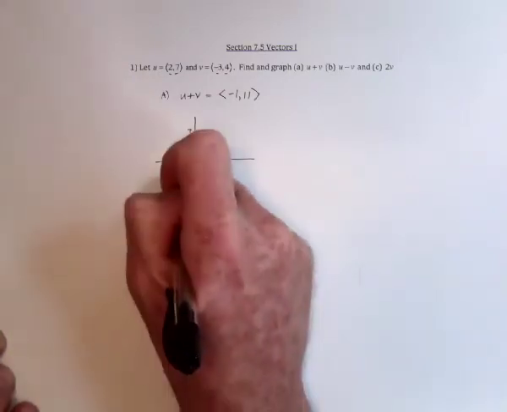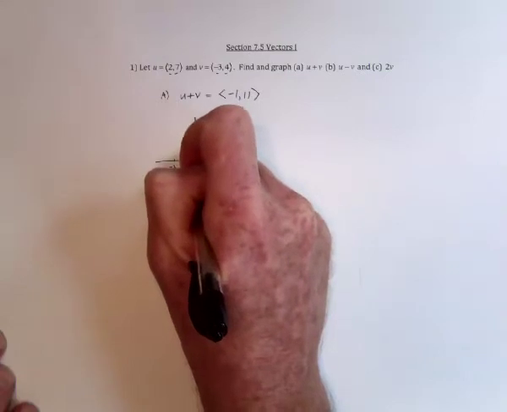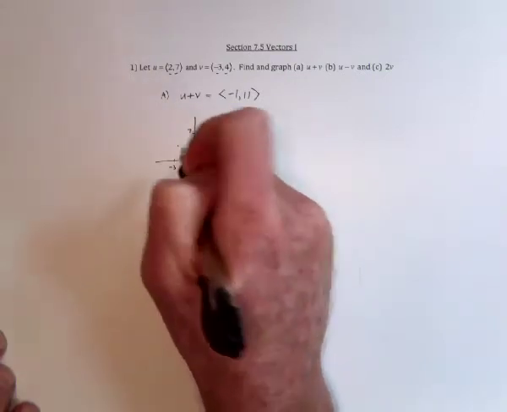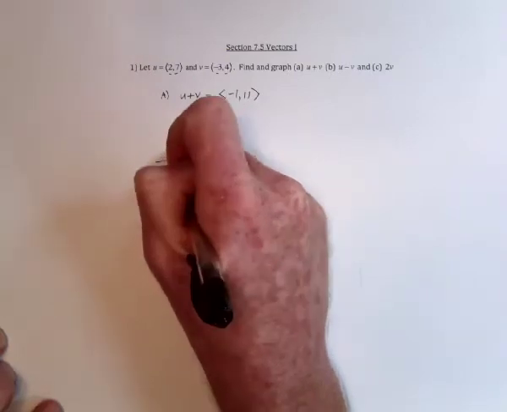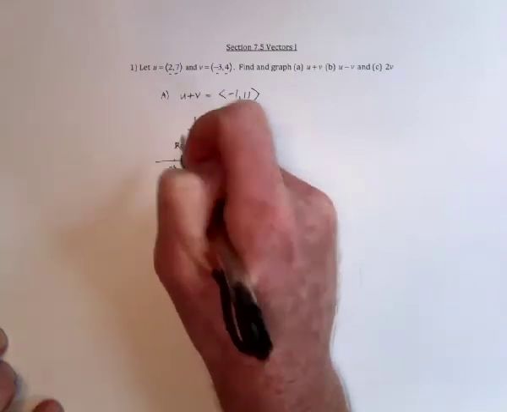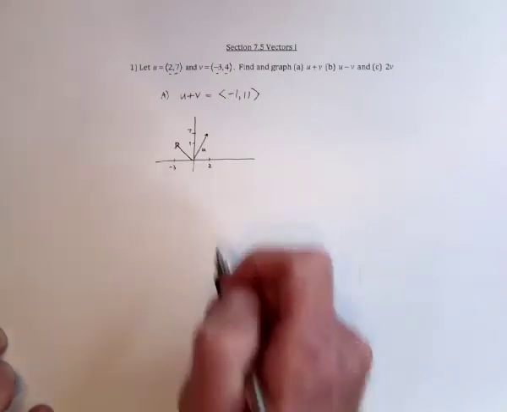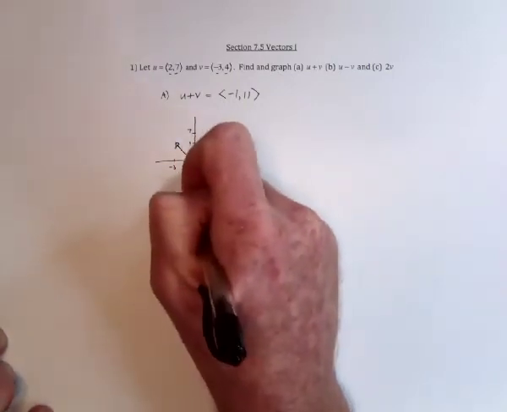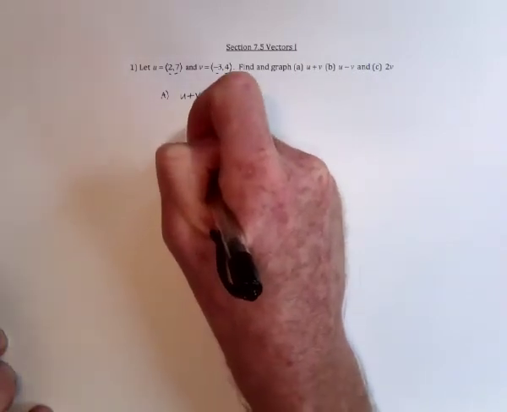And then -3, 4 would be this vector. And then -1, 11 would be somewhere up here.